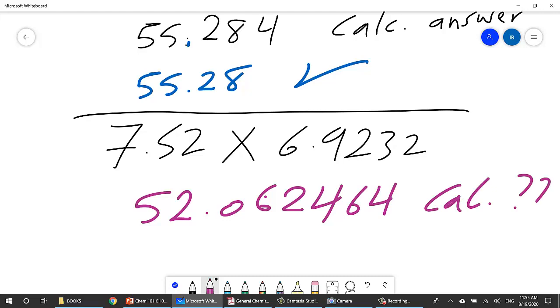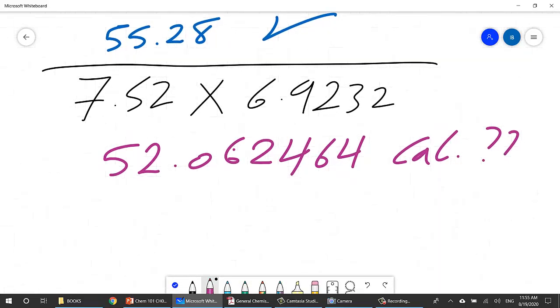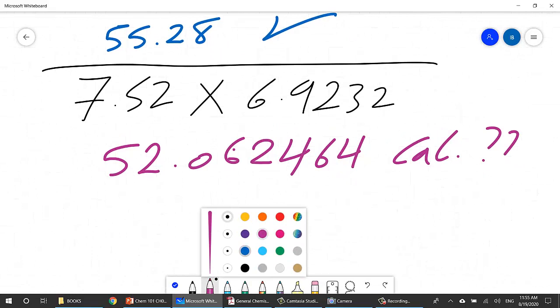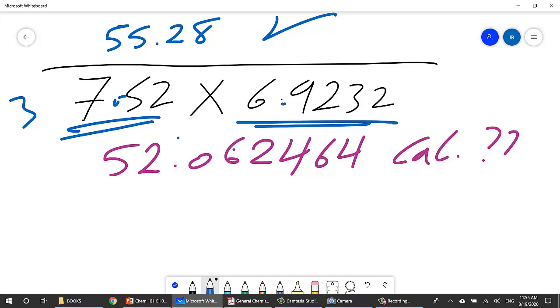So what do we do? I see students writing this all the time in their notebooks and lab notebooks. That's wrong. Now we need to learn how to do this correctly. For multiplication and division, we have to go with the smallest number of significant figures, not the decimal places. This number has 3 significant figures. This number has 5.